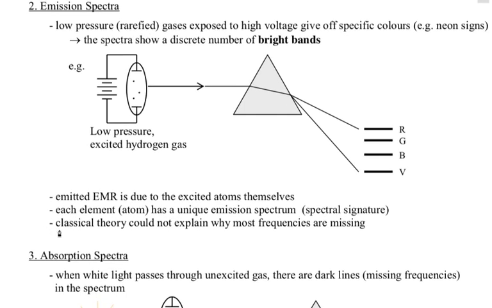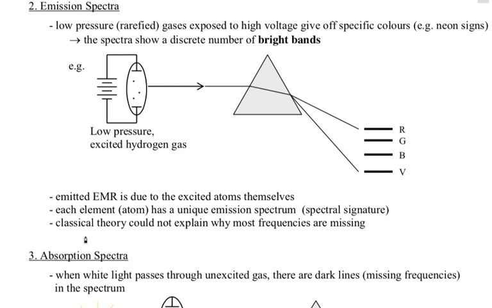So this idea of these discrete bands and these very specific frequencies being let off by these gases with voltage running through them couldn't be explained by classical theory, right? That idea of the wave theory of EMR couldn't explain why most of these frequencies are missing.